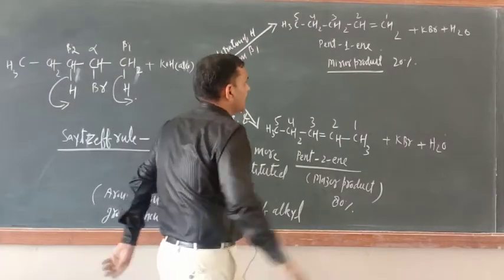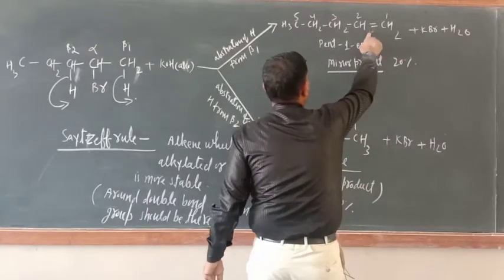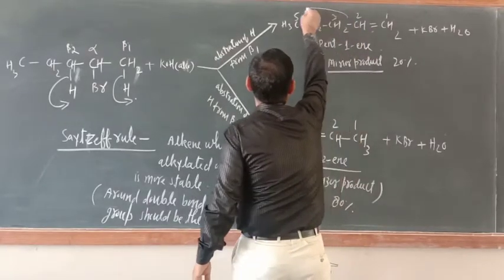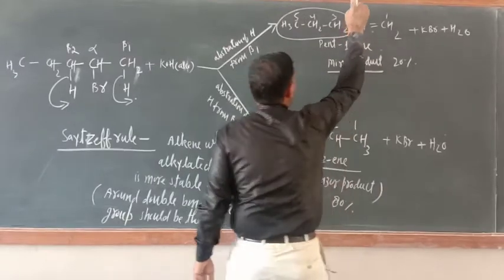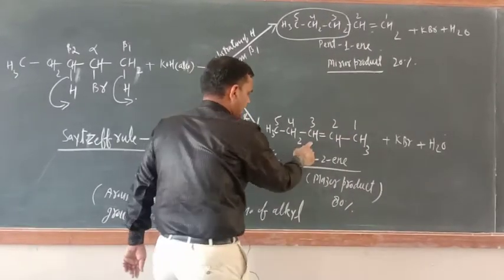Now just see. Here around the double bond, only one propyl alkyl group is there. Only one alkyl group.